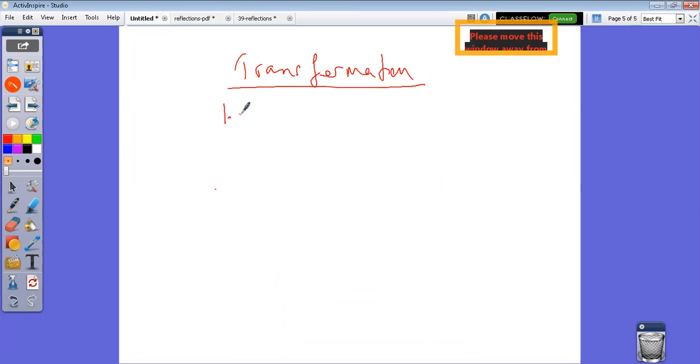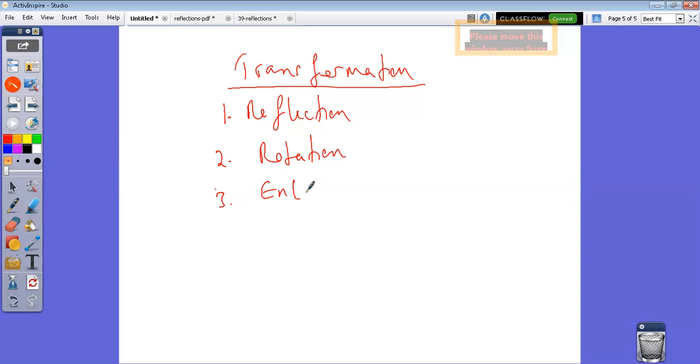We are required to know reflection, rotation, enlargement, and lastly, translation. That's all for the syllabus.